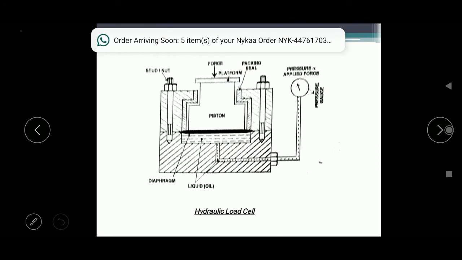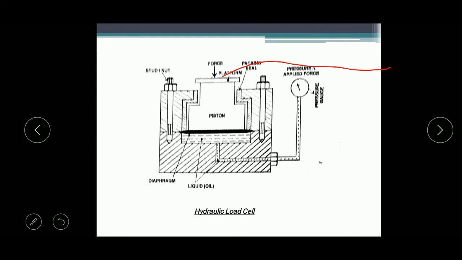First, the force to be measured is applied on the piston. The applied force moves the piston downwards, and due to this, the diaphragm will deflect. This deflection of the diaphragm increases the pressure in the liquid medium. This increase in pressure in the liquid medium is proportional to the applied force.